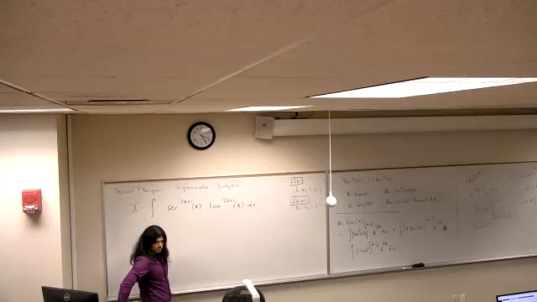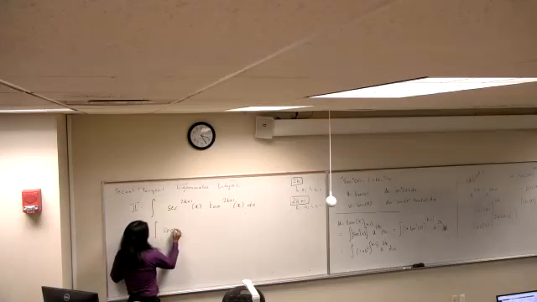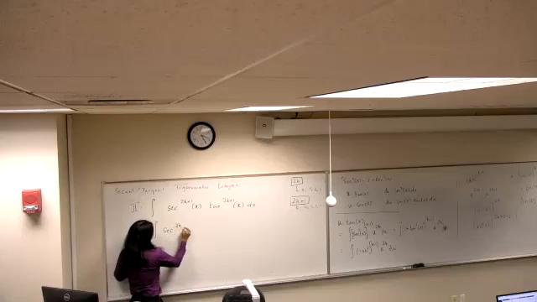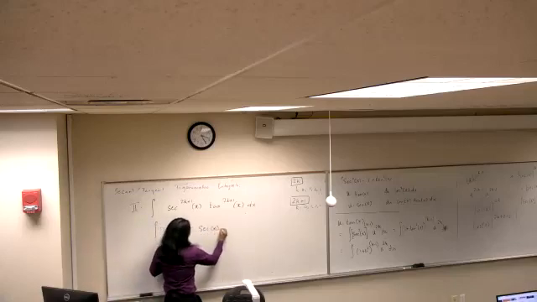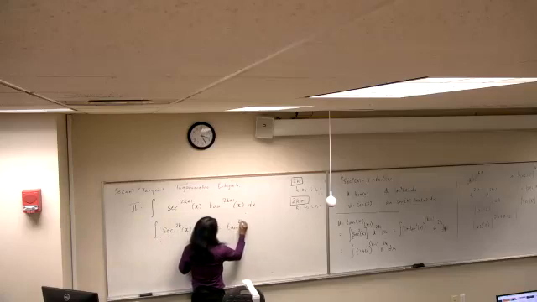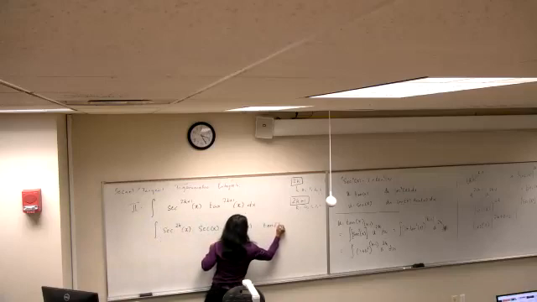Both powers are odd. Secant has an odd power, tangent has an odd power. What did we do? We split both of them. If you split both of them, I can rewrite it as secant raised to kx times secant x, tangent raised to kx times tangent x.